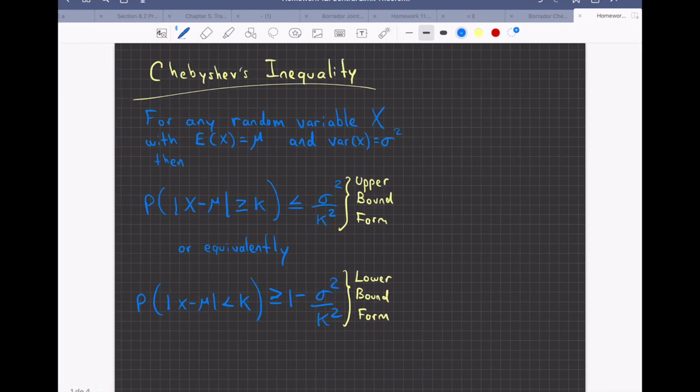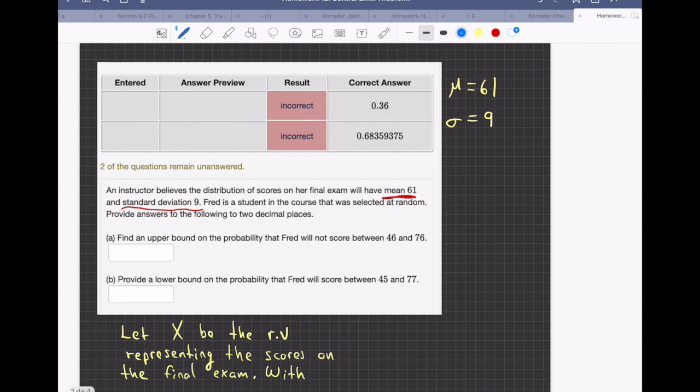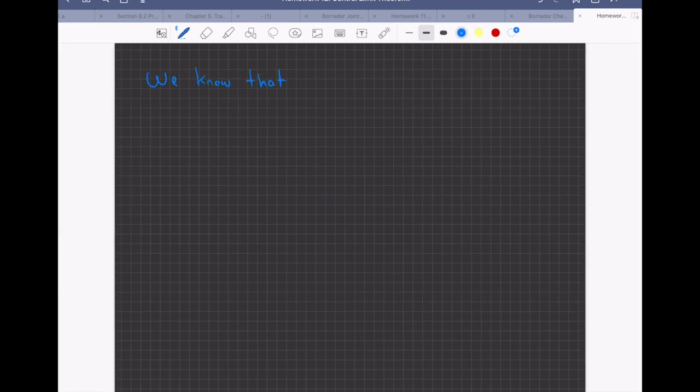So we know that the probability that x minus mu is greater or equal than k is no more than sigma squared divided by k squared.